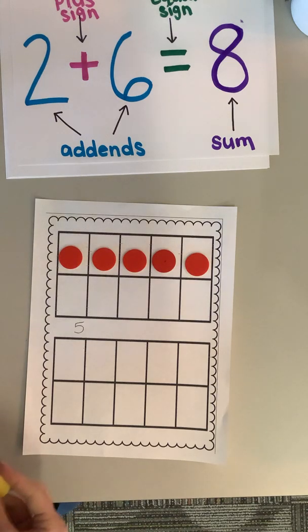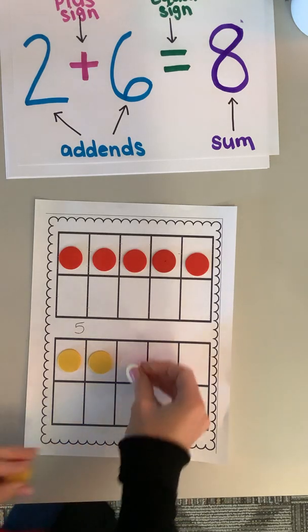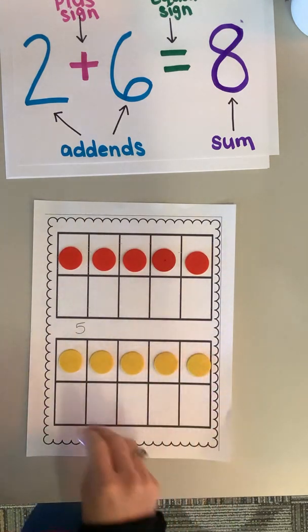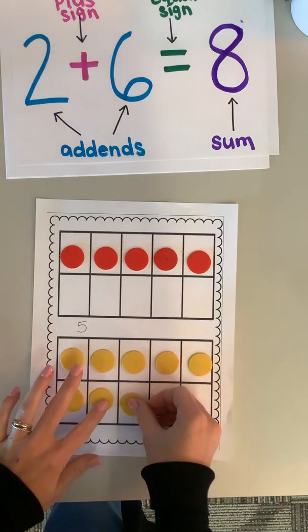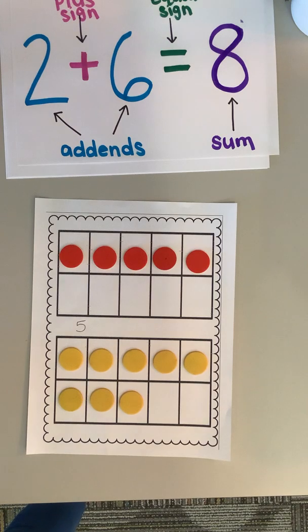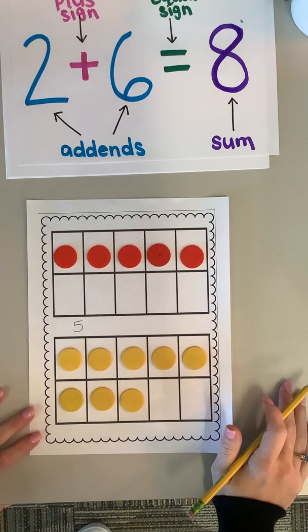Now I'm going to lay some yellow counters down. And I want you to count how many yellow counters I put down on this bottom tens frame. Okay, how many yellow counters did I just put down in this tens frame? 8.